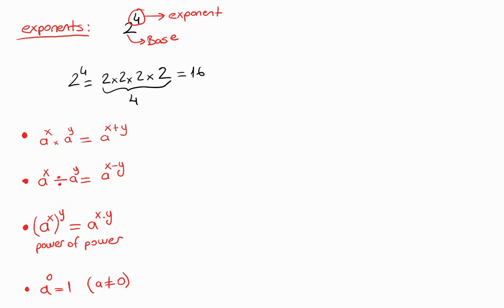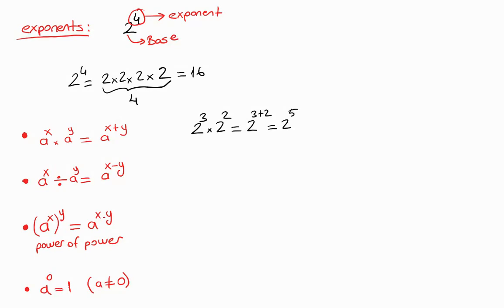So if two numbers have equal bases, like a and a, but their exponents are different, let's say 2 to the 3 multiplied by 2 to the 2, I will add the exponents. 3 plus 2, so it is equal to 2 to the 5.